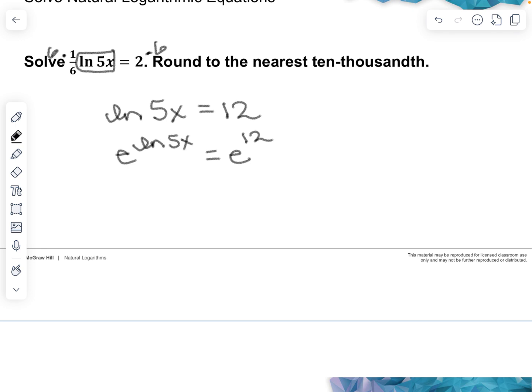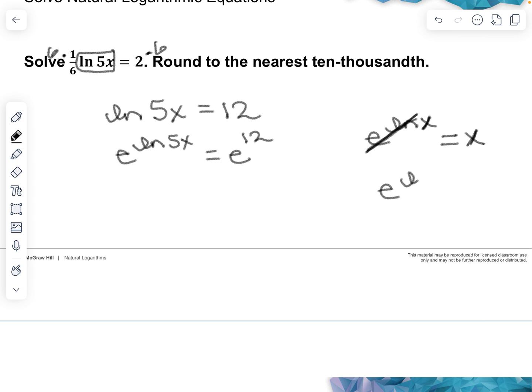We need to go over here and think about something, just something you need to know. So when I raise e to the natural log of x, e raised to the natural log kind of cancels each other, and so all you have is x.